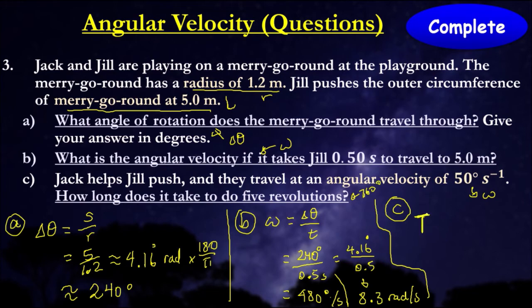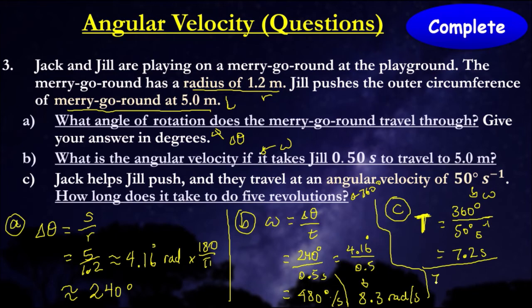So let's find the period it takes to do one revolution. If we are traveling at 360 degrees and we can travel about 50 degrees per second, then the total time taken is about 7.2 seconds.